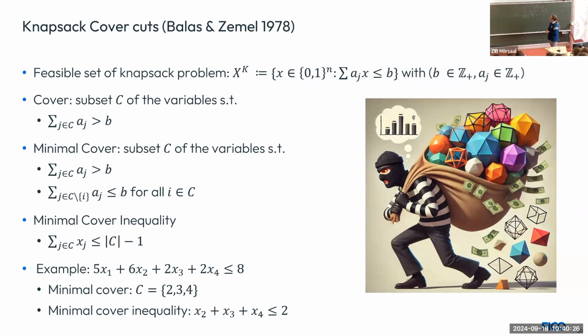So it's a minimal cover. And then obviously I can set at most two of those three variables to 1. So that's the so-called minimal cover inequality. We didn't visualize it here, but it cuts part of the set that you would get from only looking at this single constraint.